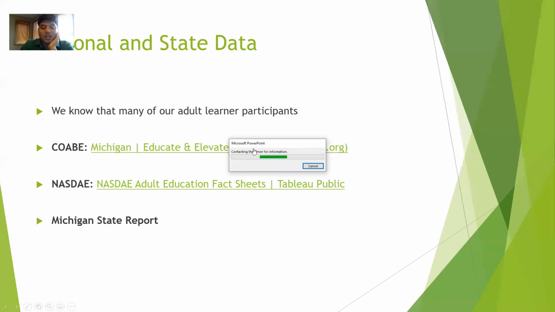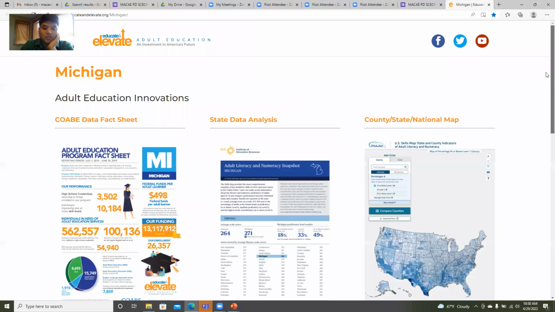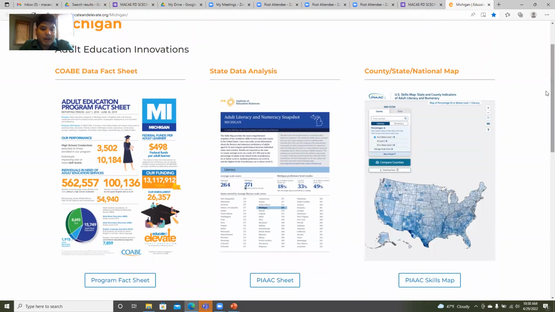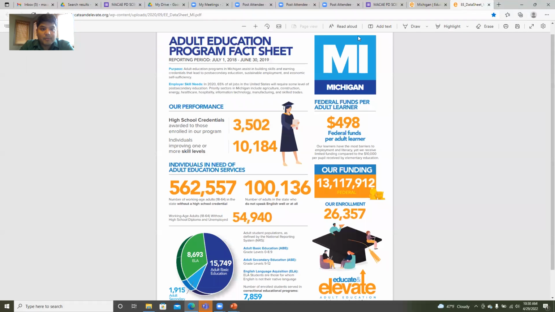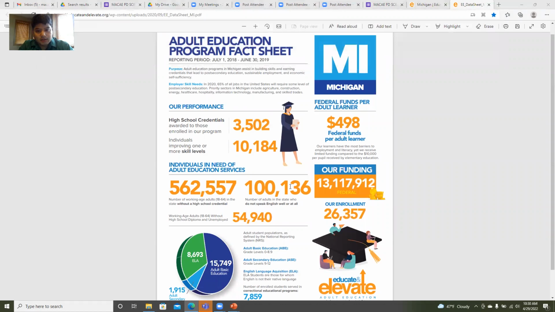But the Coalition on Adult Basic Education, as well as the National Association of State Directors of Adult Education, had a lot of statistics around the impact of what we do, family literacy, adult education. And so one of those is several fact sheets. This is one from COABE, and I'll put this into the chat here. You can see that.